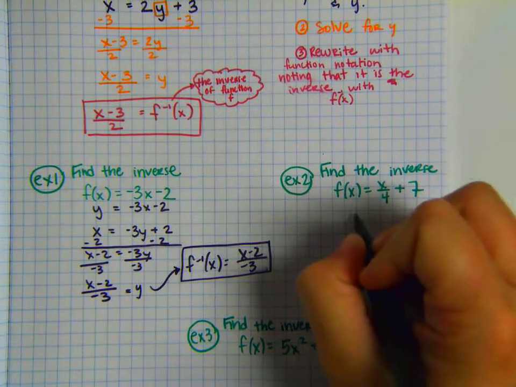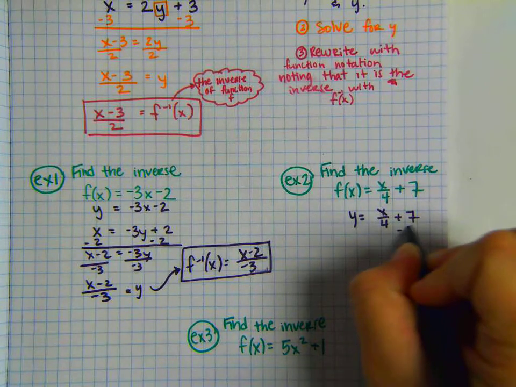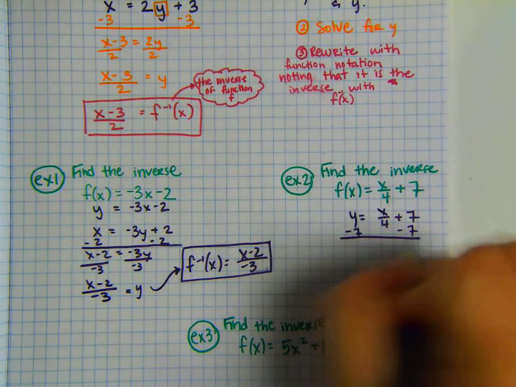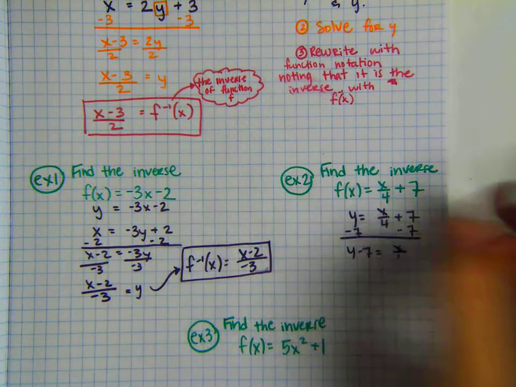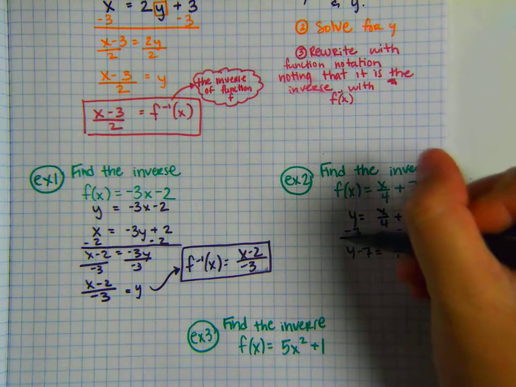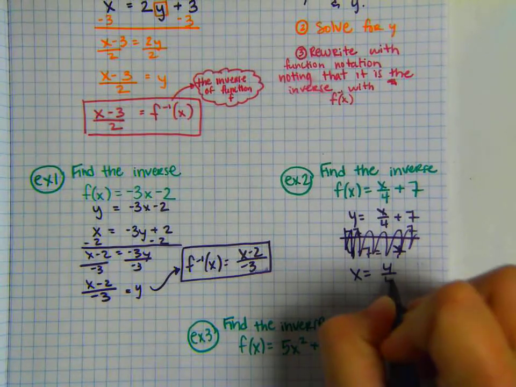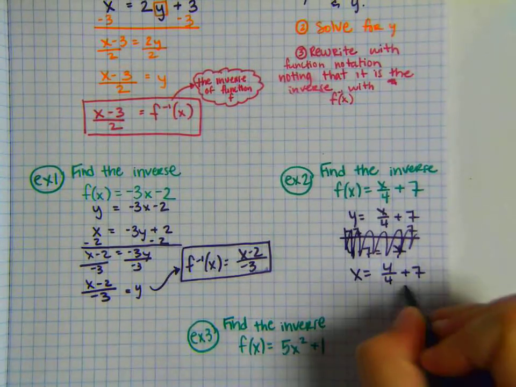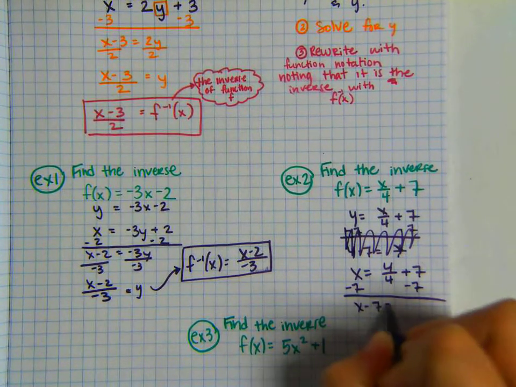The second one, subtract. Sorry, I didn't change my x and y's. Let me erase that. This will be x equals... x minus 7 equals y over 4.